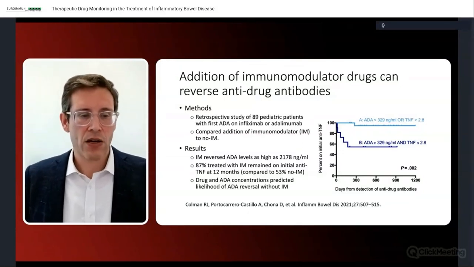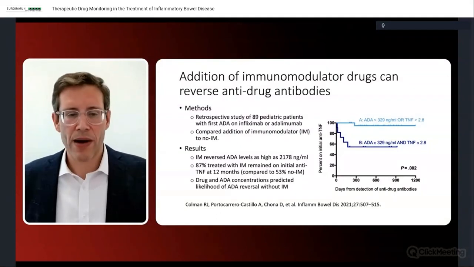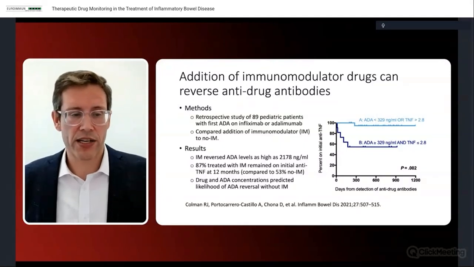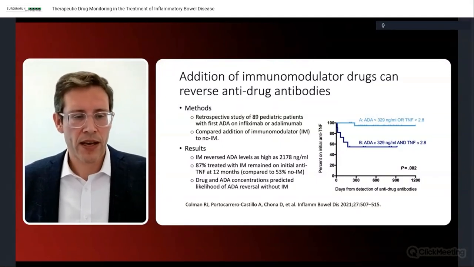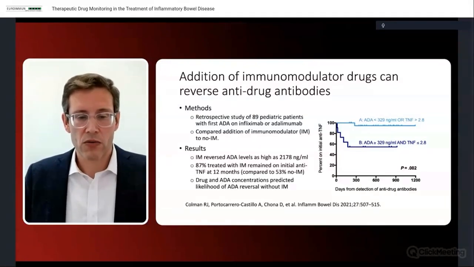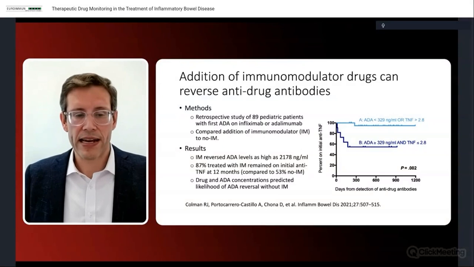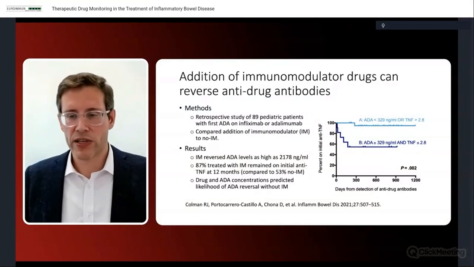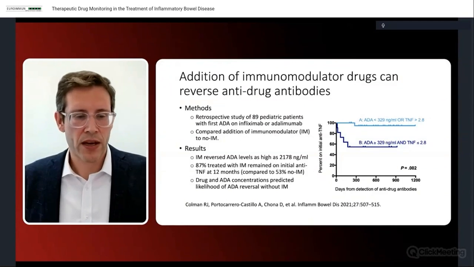And what we found was that we could reverse anti-drug antibody levels as high as over 2,000 nanograms per ml with the addition of an immune modulator drug. And 87% of those treated with an immune modulator were able to remain on the initial anti-TNF at 12 months, compared to only 53% of those not treated with immune modulators.